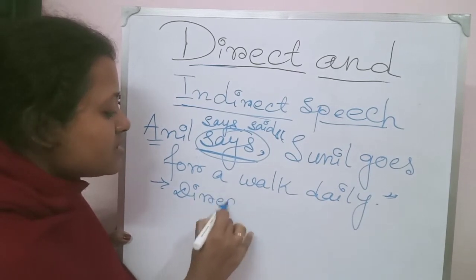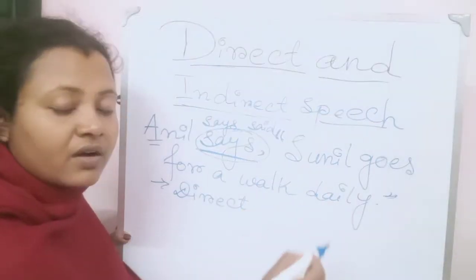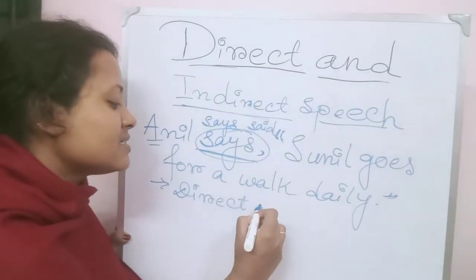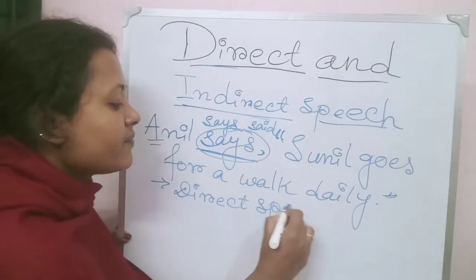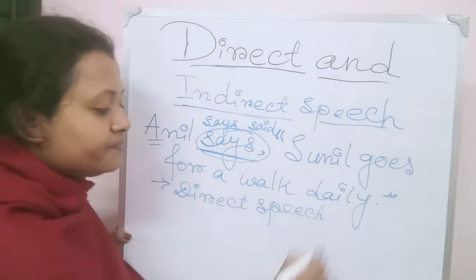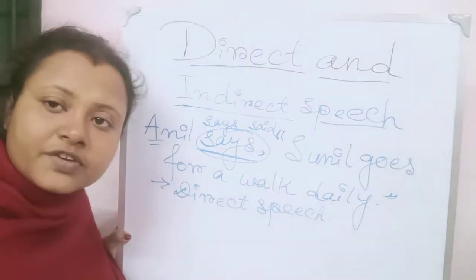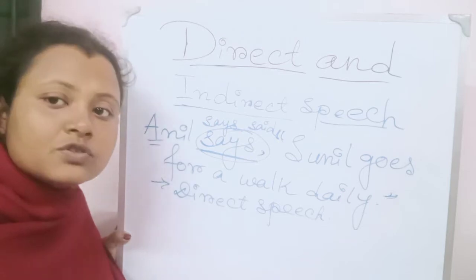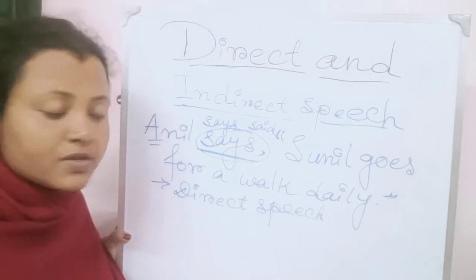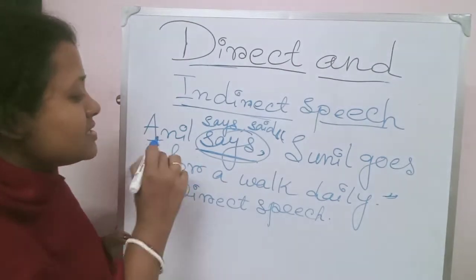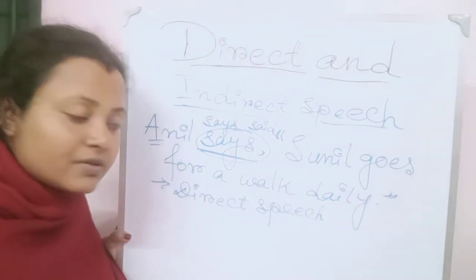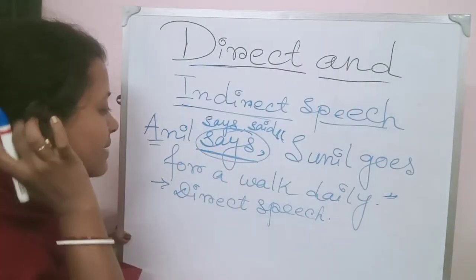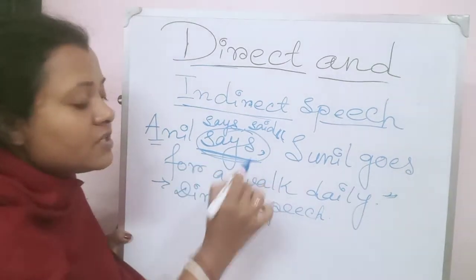So when the sentence is written within the inverted commas, you will understand that it is written in direct speech. After the identification of the sentence, you have to look for the reporting verb. So where is the reporting verb? Just after the subject.